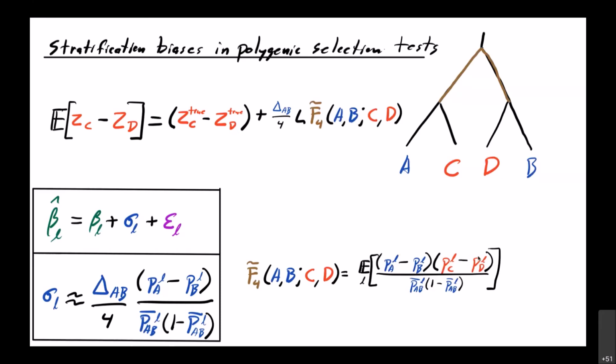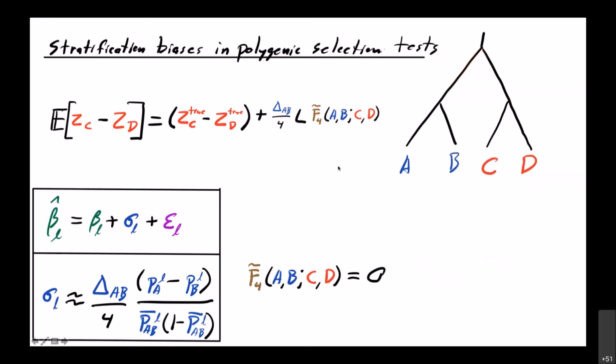And so this statistic winds up being 0. Even though the effect size estimates are biased, they're biased in a way that is random with respect to the pattern of allele frequency variation that matters for the polygenic adaptation test that we want to do. So the biases essentially show up as noise in our polygenic adaptation test rather than signal.